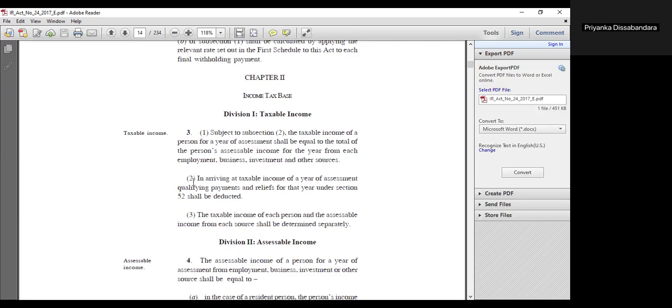After deducting qualifying payments and reliefs, we will have taxable income. Likewise, as they have mentioned in this provision in section 3, we have to calculate taxable income. Then we can move to the assessable income.